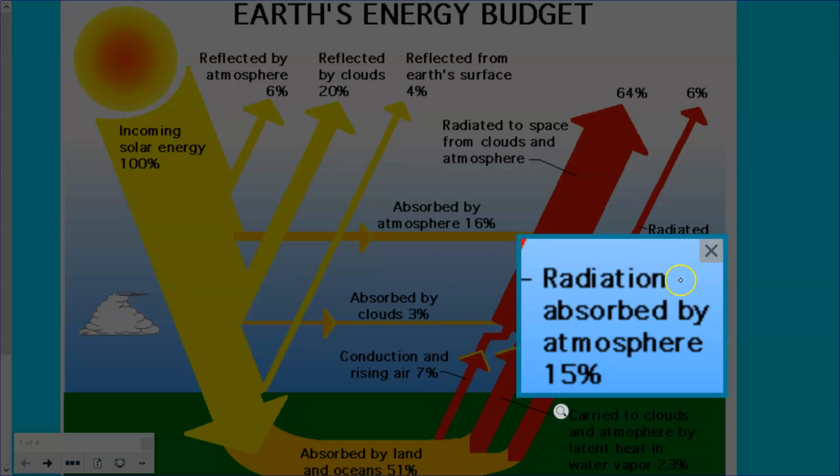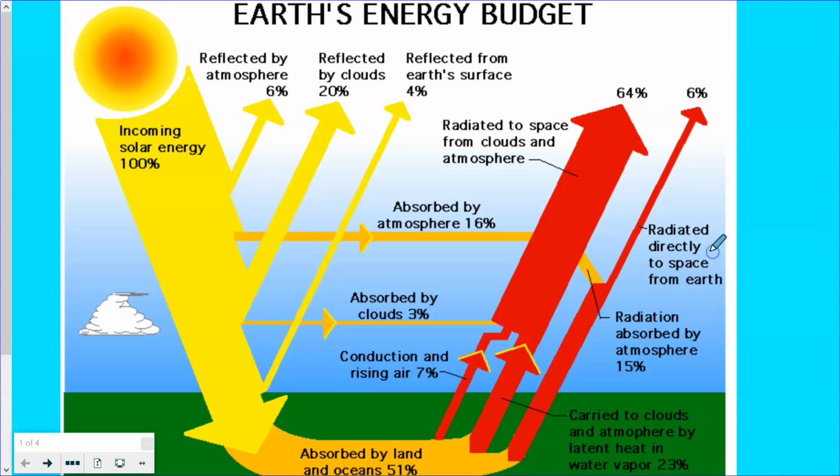It's connected to global warming because as outgoing infrared radiation interacts with greenhouse gases like water and carbon dioxide, that causes them to vibrate and re-radiate that infrared in all directions.